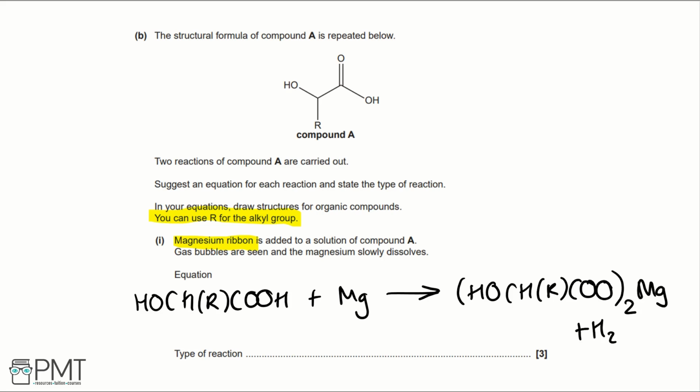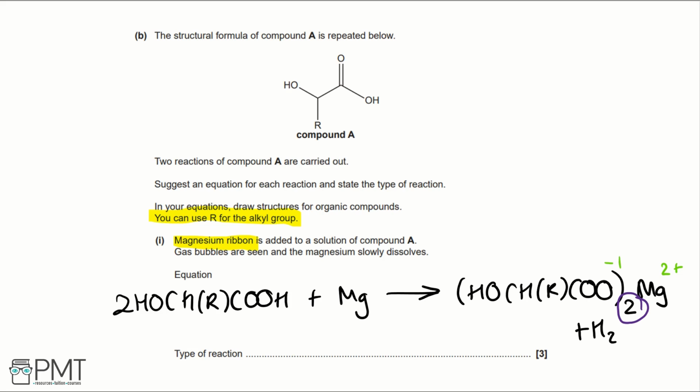To balance the equation, we need to have a 2 in front of our reactant to balance the 2 that we use here in order to balance the charges, because magnesium has a 2+ charge, and because we're only losing 1 hydrogen each time, this anion is going to have a -1 charge. So we need 2 to balance the charges.